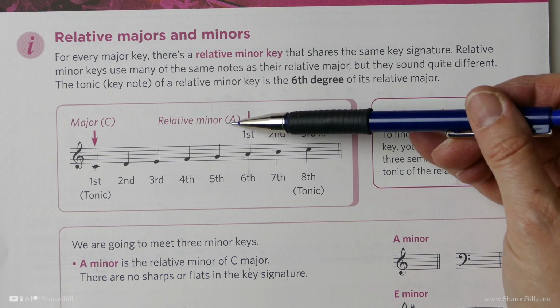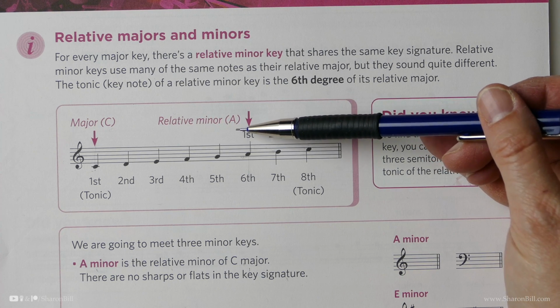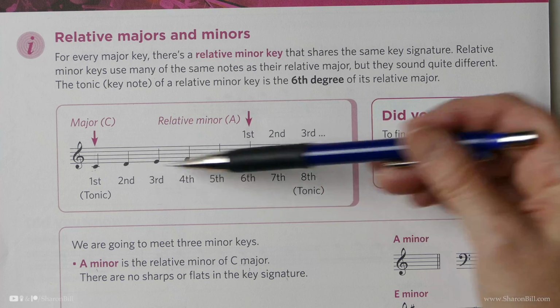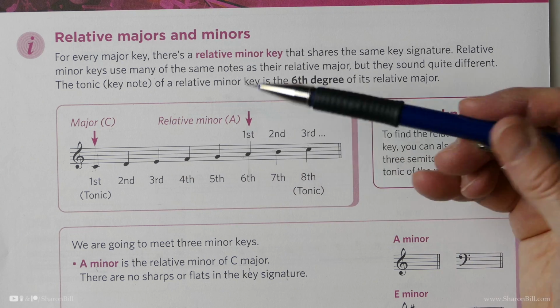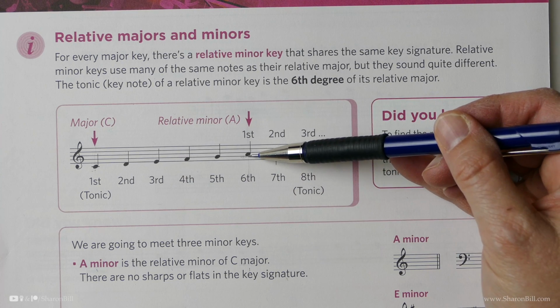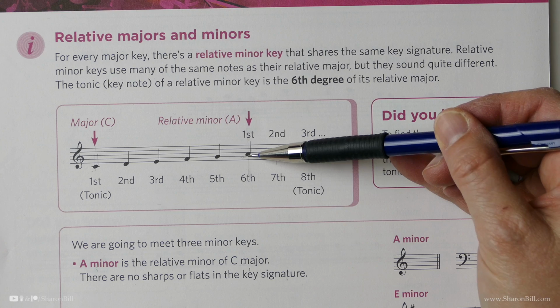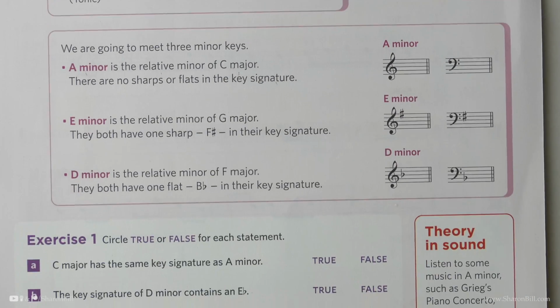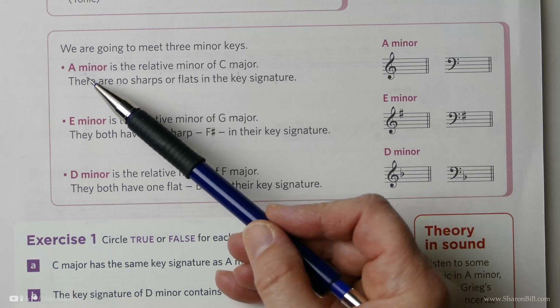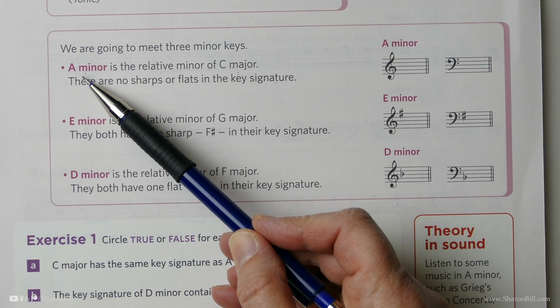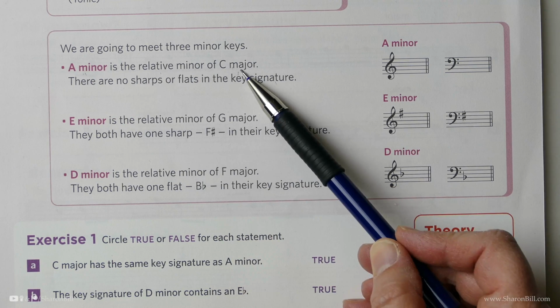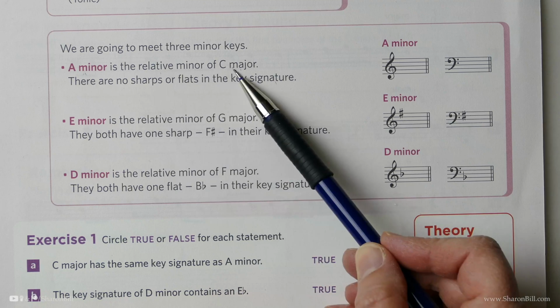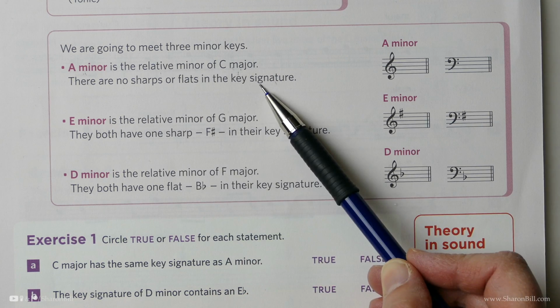There are lots and lots of different ways in which we can work out these related pairs of keys. However, just for this first part, I suggest that you just basically memorize these pairs of keys. So just a little bit of revision to remember that A minor is related to C major. A minor and C major both have no sharps or flats.